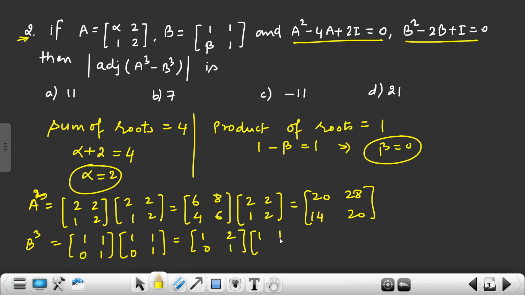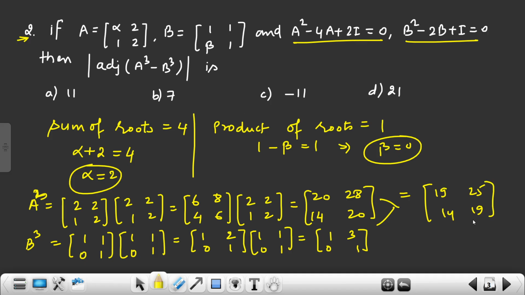Now multiply again 1, 1, 0, 1. So what it will be? 1, 2 plus 1, 3, 0, 0 and 0, 1. Now if you do the subtraction of this, what you will get? 20 minus 1, 19, 25, 14 and 19.